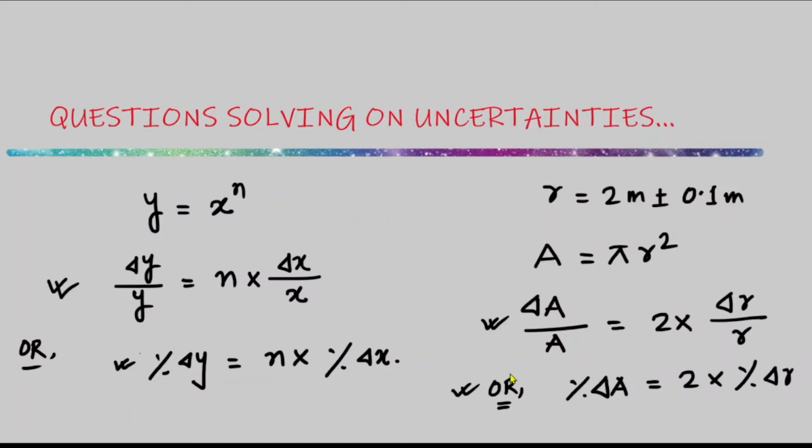All you need to remember is that the power is just going to be multiplied, and if something is in the form of power, you have to use either the fractional uncertainty or the percentage uncertainty rule. So percentage uncertainty and fractional uncertainty are used in the calculation of multiplication, division and power categories.